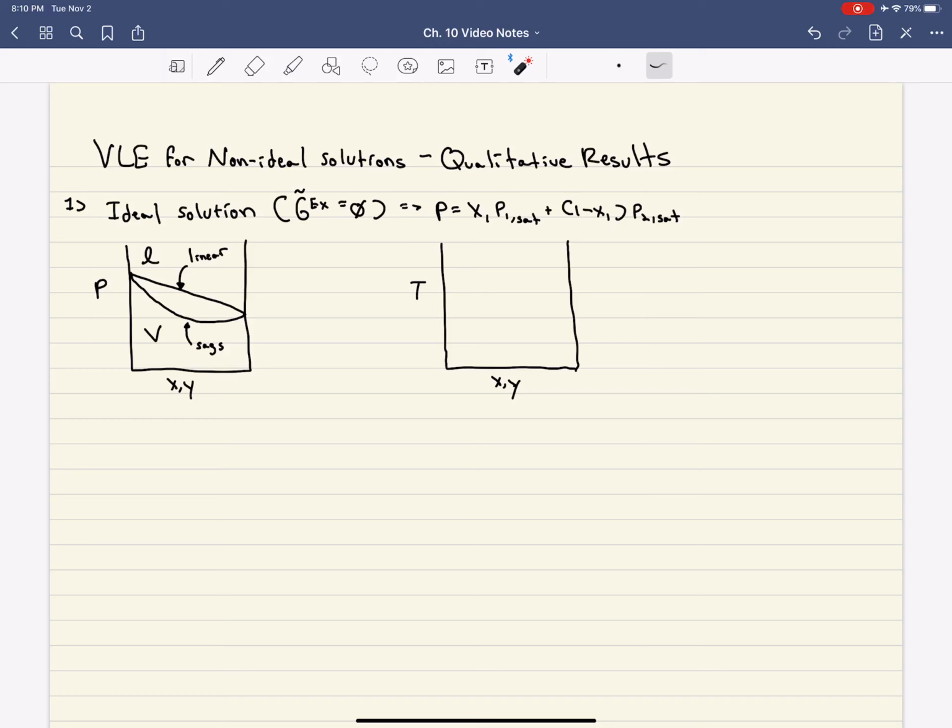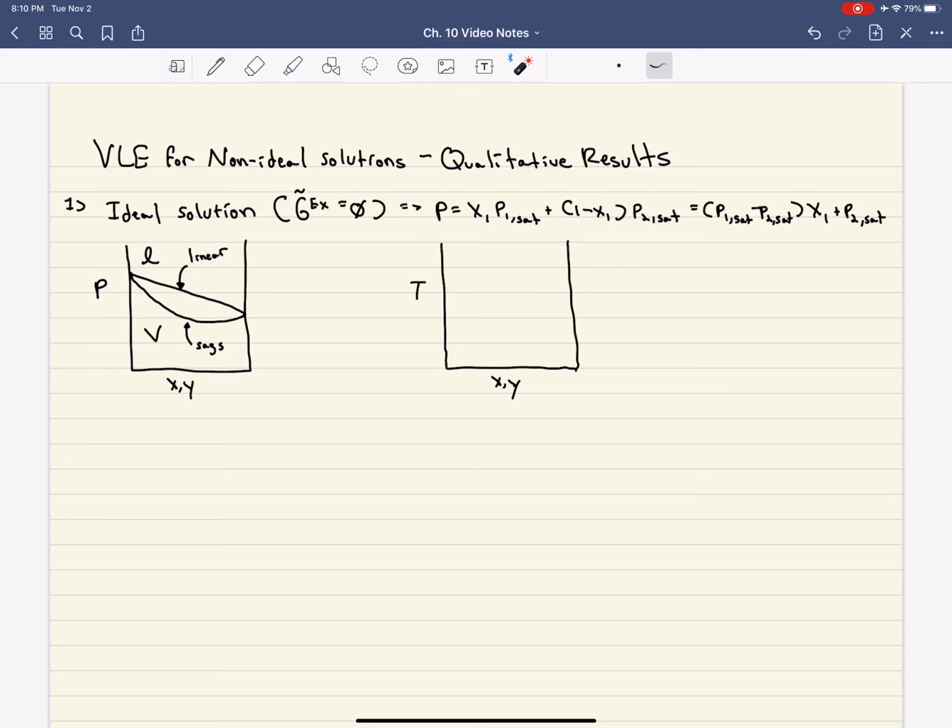In fact, let's just go through that now. So P1 sat minus P2 sat, x1 plus P2 sat. Okay? Right. So now we have it in a line form, where the slope is just the difference between the vapor pressures, and the y-intercept is P2 sat, right?